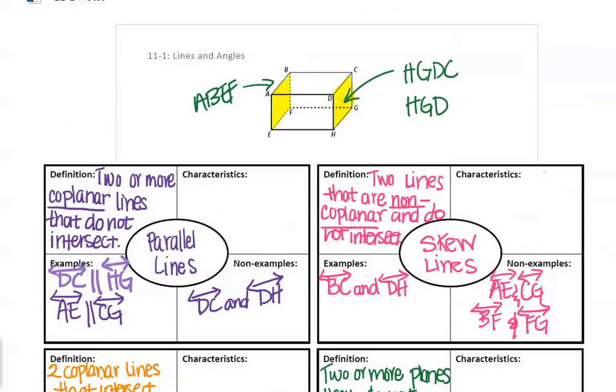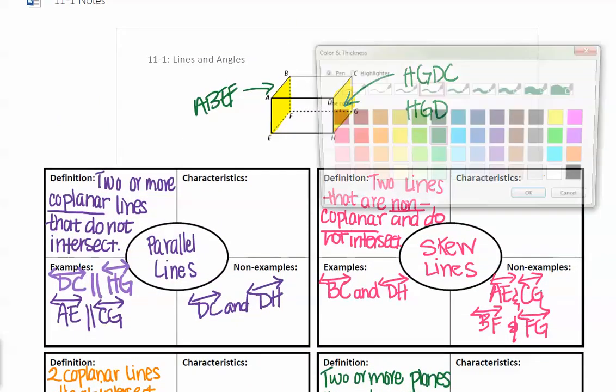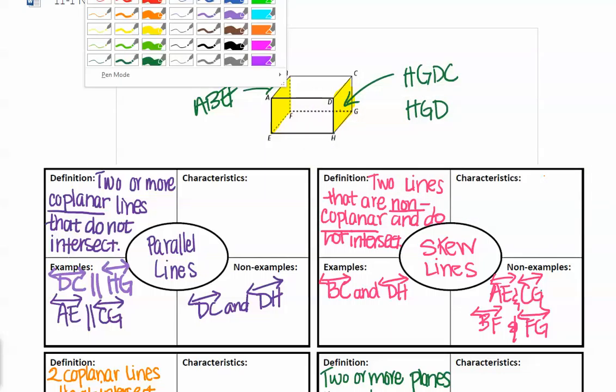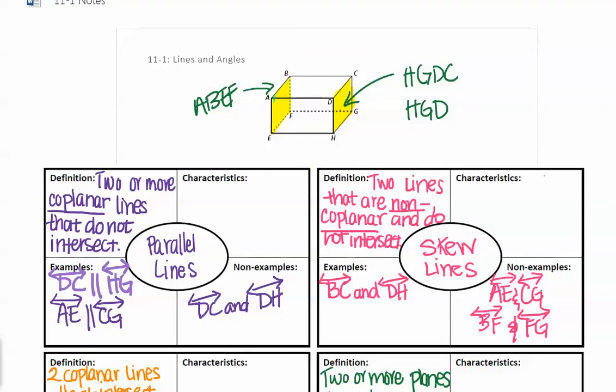Okay, so if they cross, for example, we have these two would be parallel. Let's say we're talking about this one up top. This one and that one, they would intersect. They're intersecting. Remember, their intersection is the line where they come together.